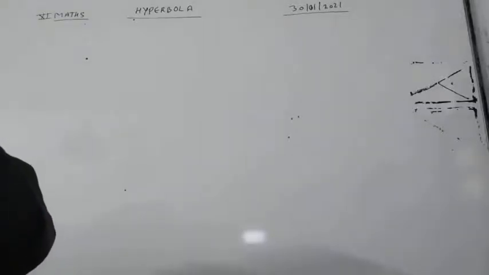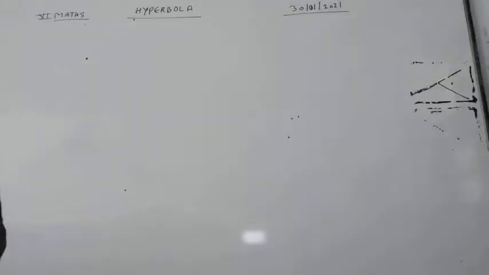Now students, our next question is: find the equation of hyperbola whose conjugate axis is 5 and distance between the foci is 30.